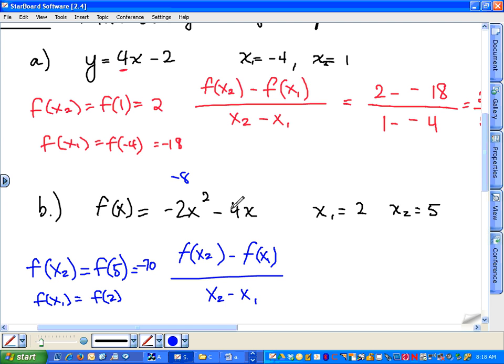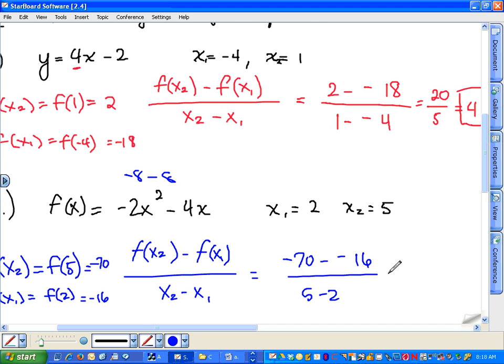Minus 8, so that's negative 16. So we have negative 70 minus negative 16 all over 5 minus 2. Negative 70 minus negative 16, oh boy. Negative 54 divided by 3.